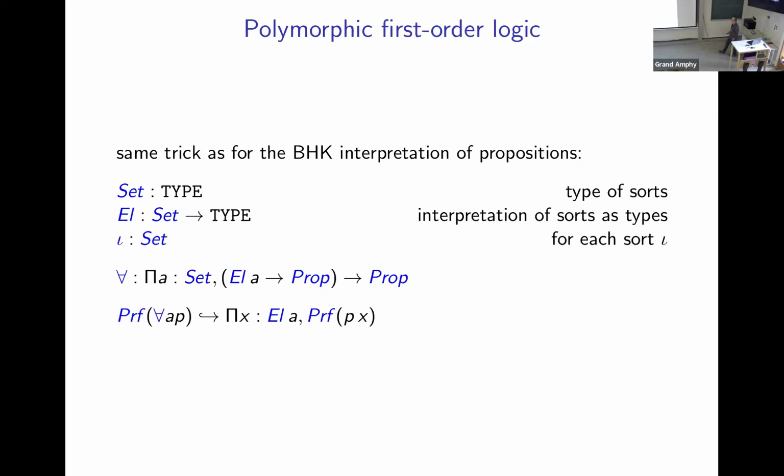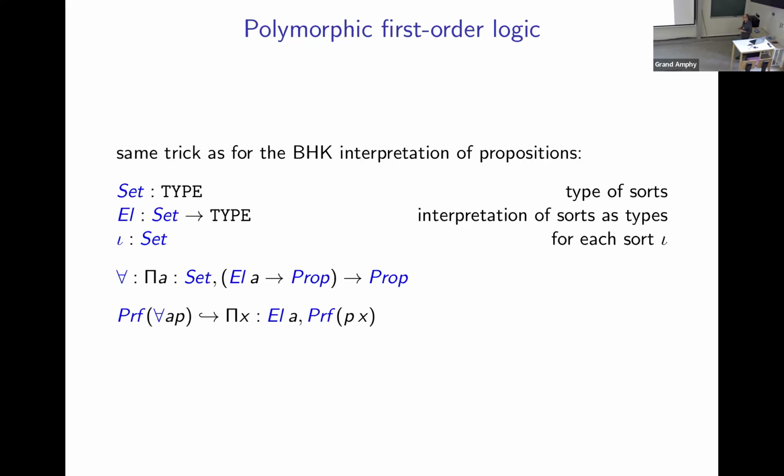What about polymorphic first order logic? An important remark to make is that there is no polymorphism in the lambda pi calculus. We only have simple types and dependent types. We cannot quantify over types. So how to represent polymorphic systems in the lambda pi calculus?